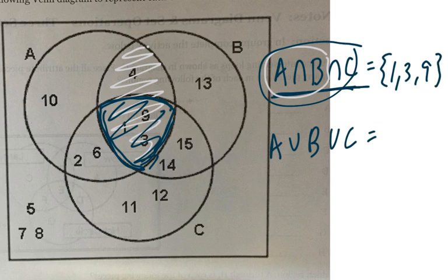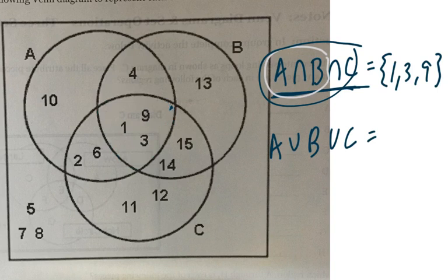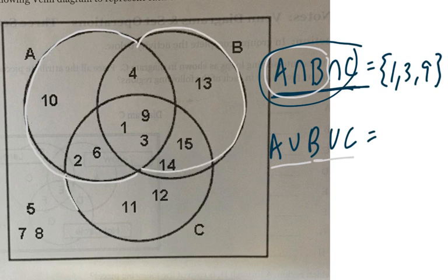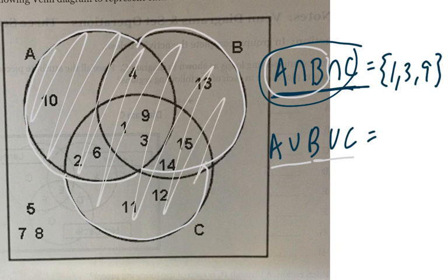Now, the union of the three sets is everything contained in any of the three sets A, B, and C. So we already saw that we had A and B for the union of A and B, right? But this also unions it with C. So it's everything in this happy, almost Mickey Mouse looking thing. So I need a lot more space to write the elements of this set because there's a lot of them.